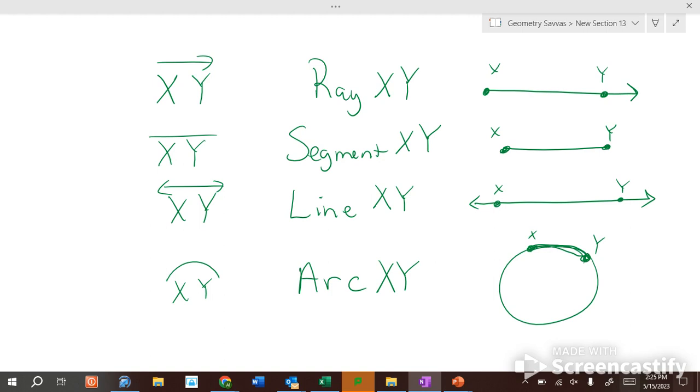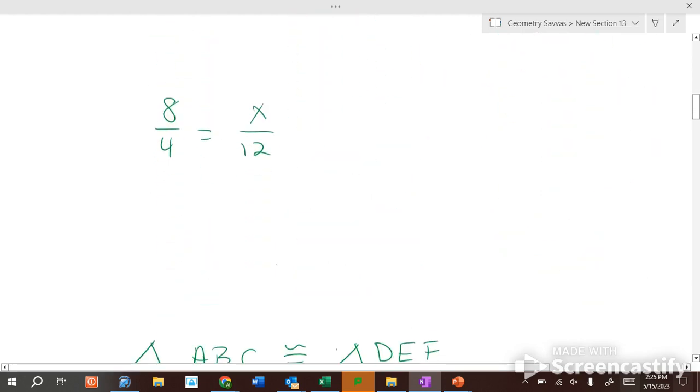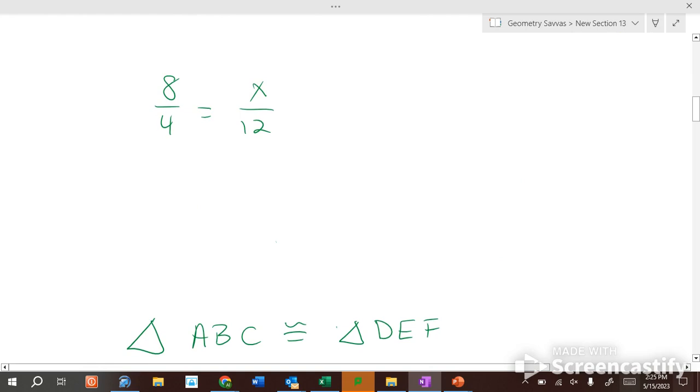Okay, so a ray, a segment, a line, an arc. Know what those symbols are. Know what they do. Okay. How do we solve that for x?